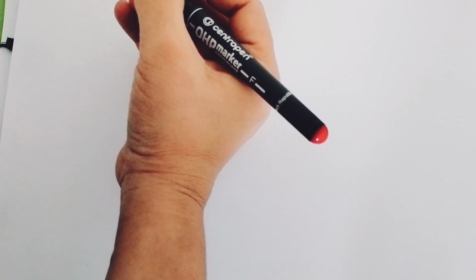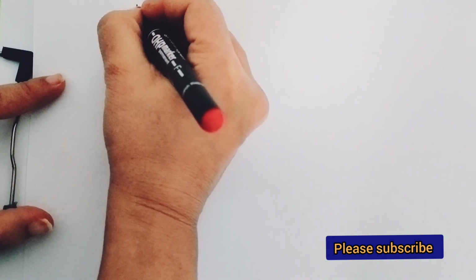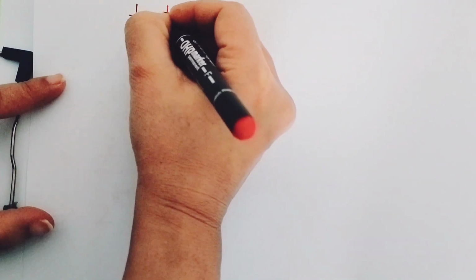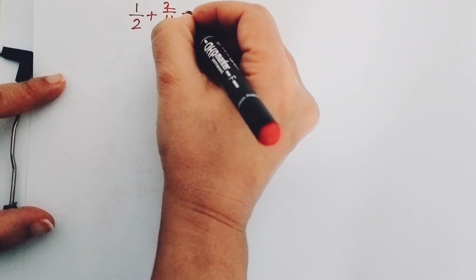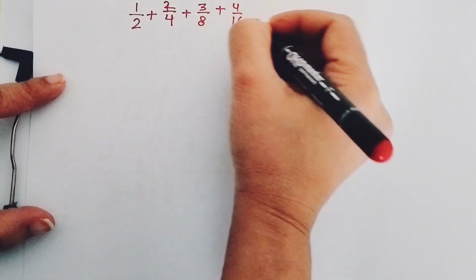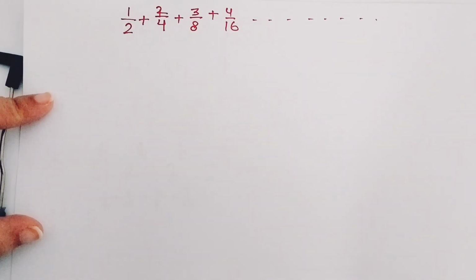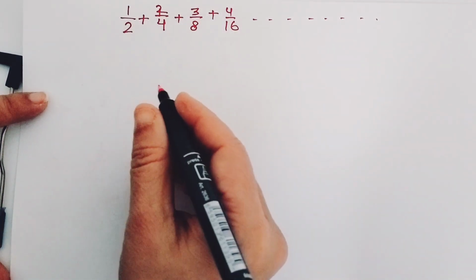What sum do we have? We have 1 by 2 plus 2 by 4 plus 3 by 8 plus 4 by 16 up to so on. Now it is very simple to find this sum. How?